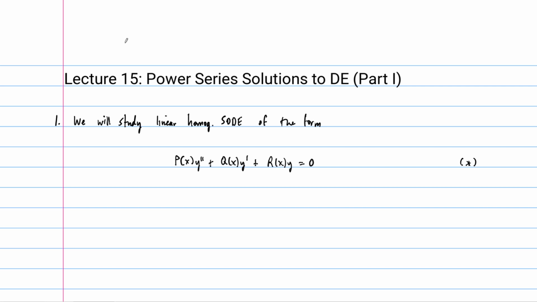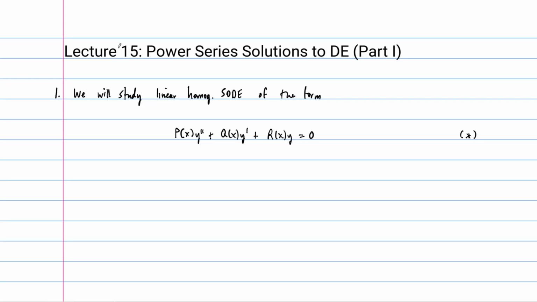Before we get into solving these equations, we need a couple of definitions. A point x naught is said to be an ordinary point of this equation star if and only if a couple things are true.